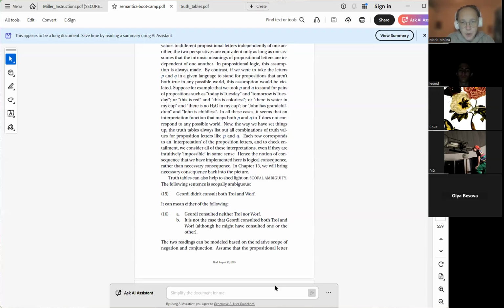Jody didn't consult both Troy and Worf. If negation scopes over just the noun groups, Troy and Worf, we get Jody consulted neither Troy nor Worf. And if negation scopes over the whole sentence, over the predicate, then we get it is not the case that Jody consulted both Troy and Worf, although he might have consulted one or the other.